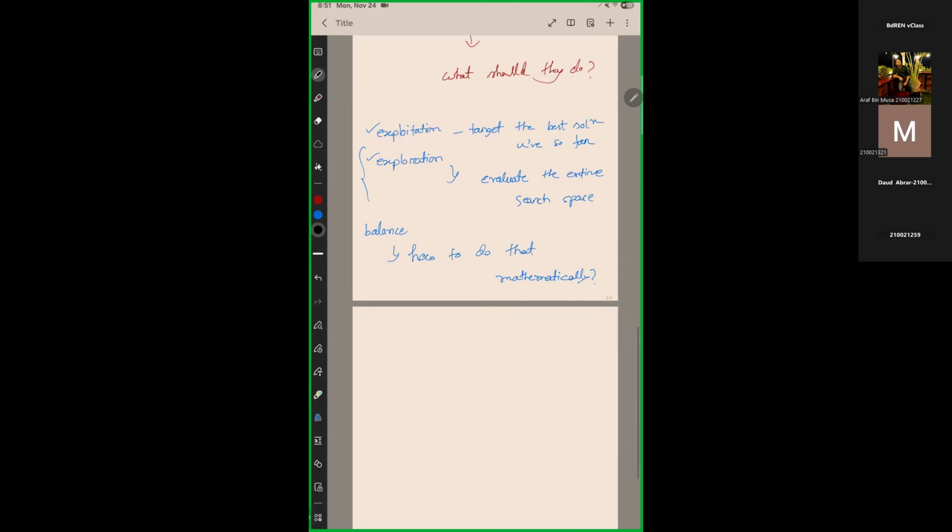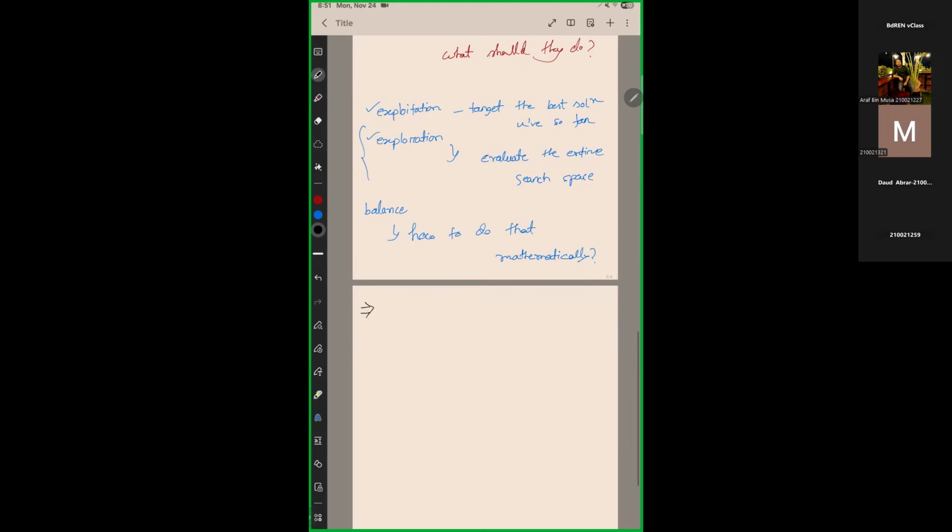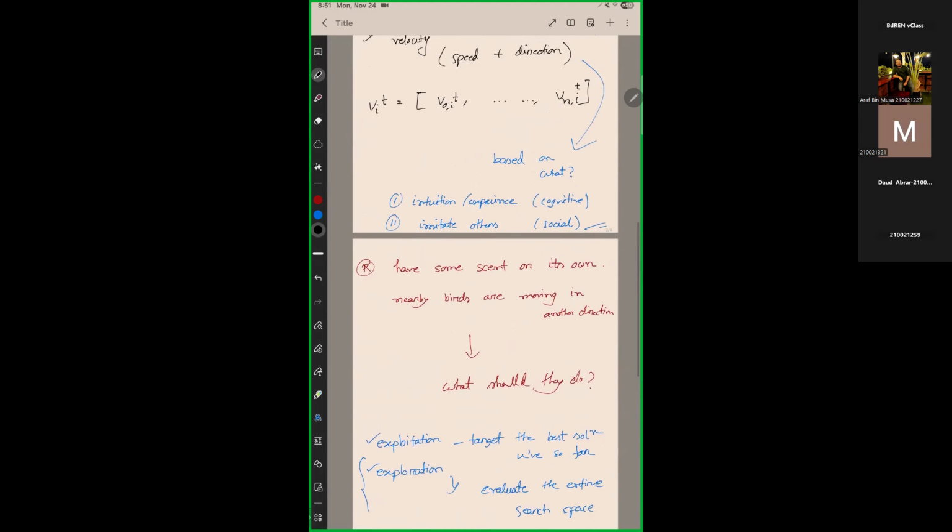Acha. Now let's try to understand now. At each iteration, each particle is updated according to its velocity. Okay. See, in the equation that you have run previously, there was iteration.